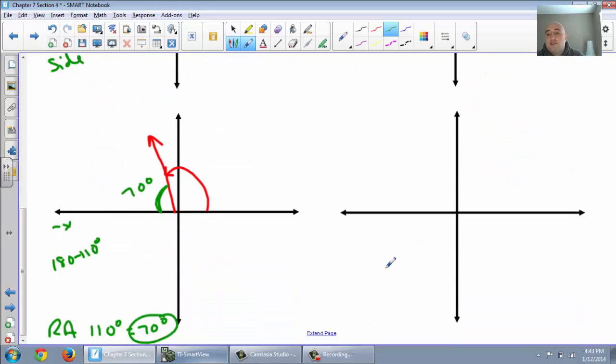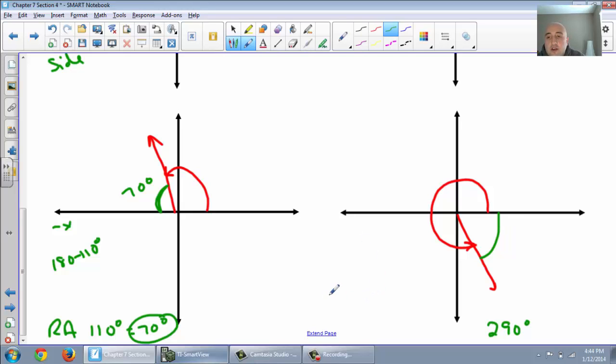And now let's do a fourth quadrant. So let's say we had 290 degrees. Okay, 290. So here is 180. Here's 270. I need to go 20 more degrees. So there is my 290 degree angle. Now the question is, how much further is it to get to the nearest x-axis?